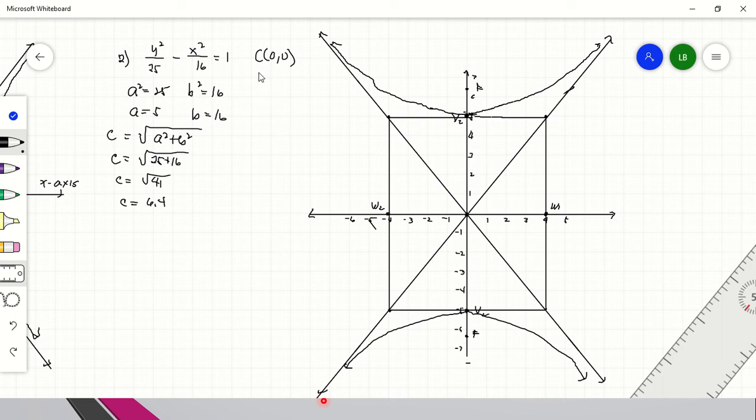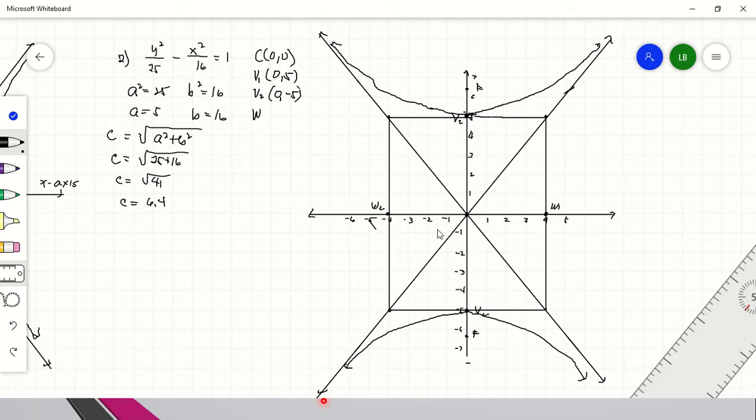So, center is 0, 0. Vertices is 0, 5, 0, negative 5.